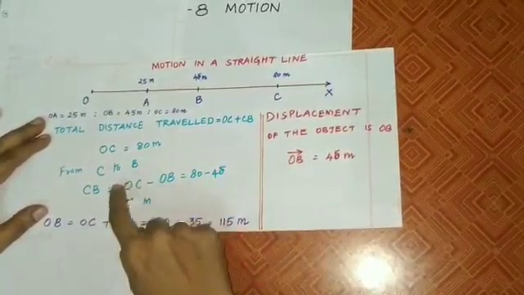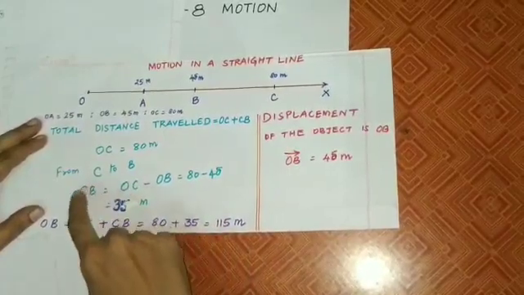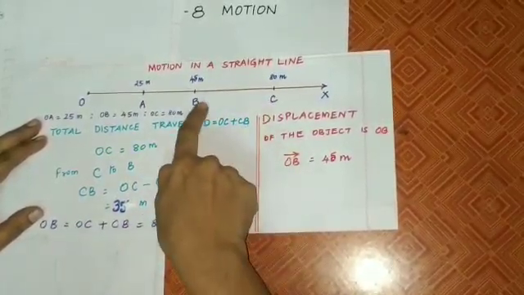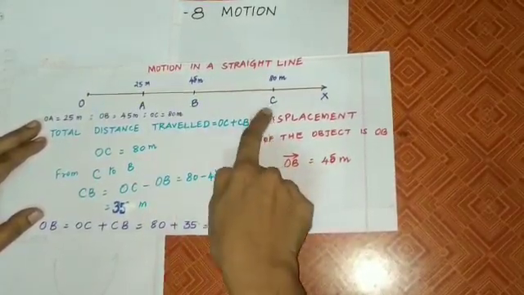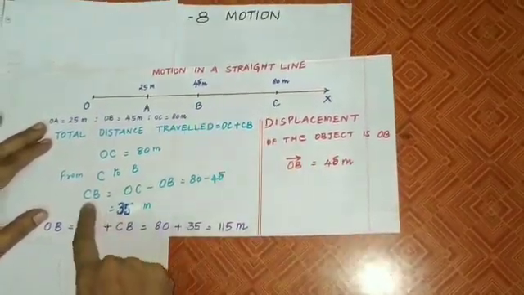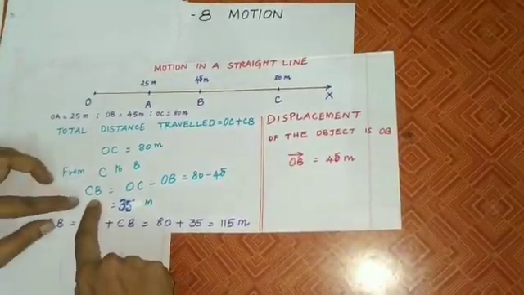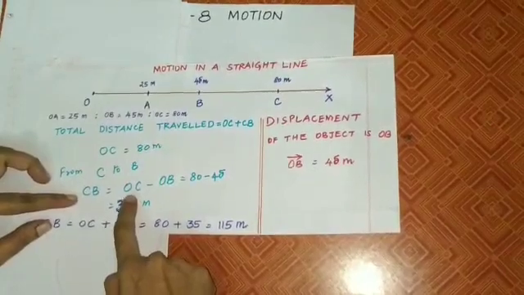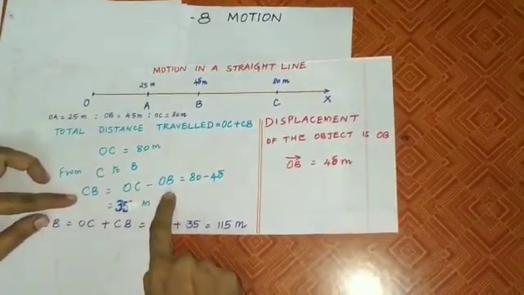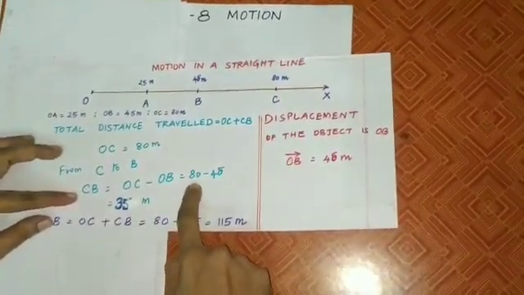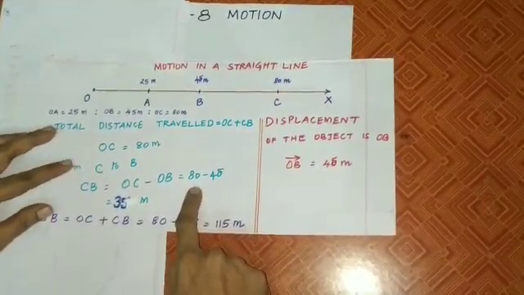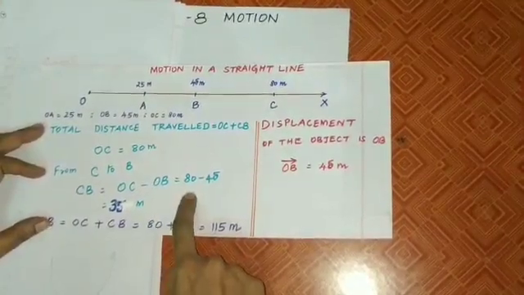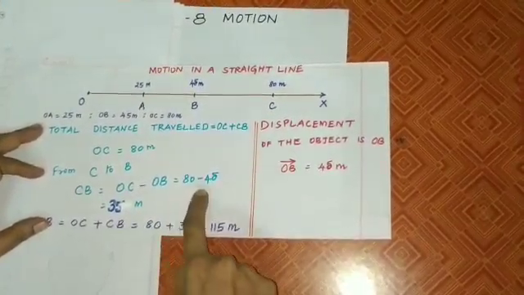And to find the length covered by the object, we have to know CB. So, CB can be found by OC minus OB. So, the total path or the length covered by the object is the distance travelled by the object here.